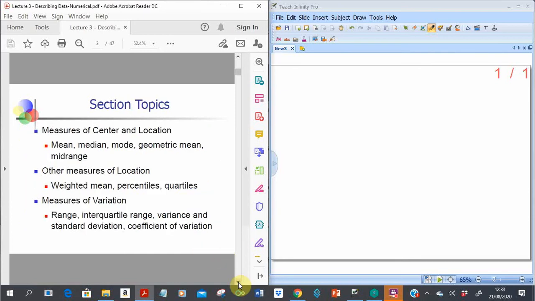The measures of central tendency are the mean, the median, the mode, geometric mean, and mid-range. These are measures that we use to see how the data is centered. If you're looking at some class marks, maybe you just want to see the average score.